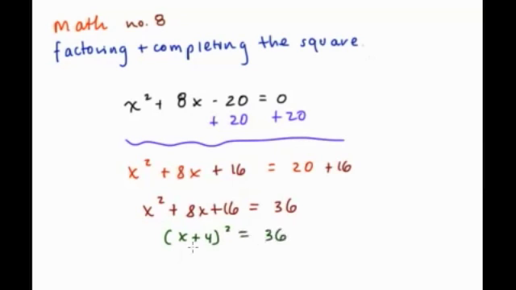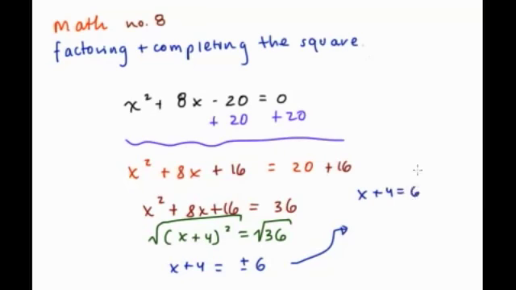And what should we do now? We take the square root of both sides. What does that leave us with? X plus 4 equals plus minus 6. Okay. So now we just have to do two separate equations. We have x plus 4 equals 6. And then we also have a case where it's x plus 4 equals negative 6.